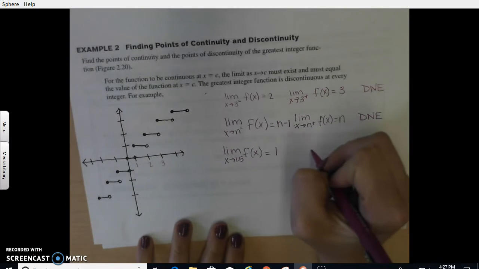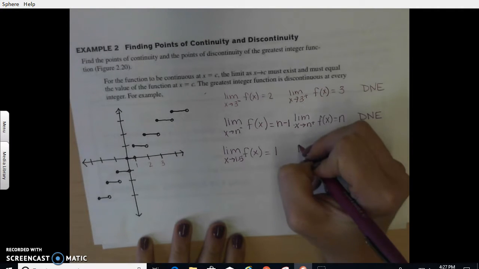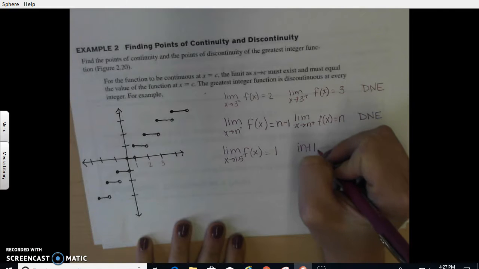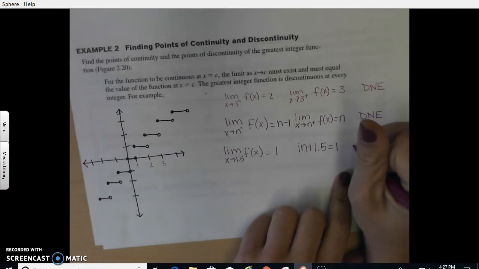And if we plugged into the greatest integer function, or int 1.5, that is also equal to 1. Therefore, we are continuous.